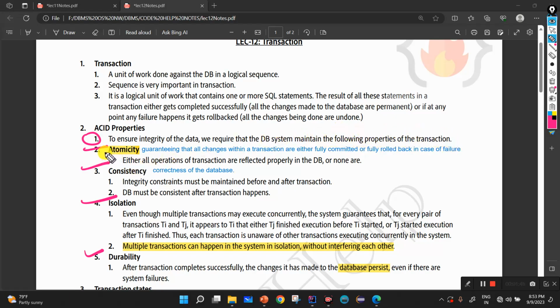Number one is atomicity, guaranteeing that all the changes within a transaction are either fully committed or fully rolled back in case of failure. It should not be stopped in between. It should be fully committed or fully rolled back.